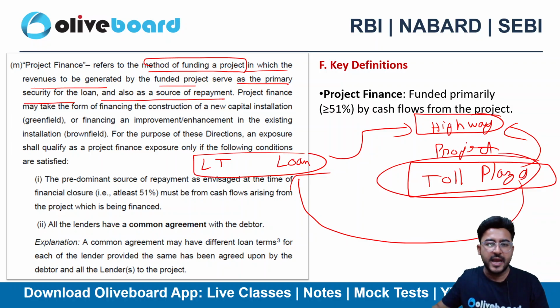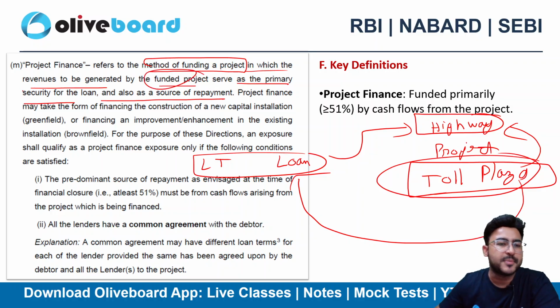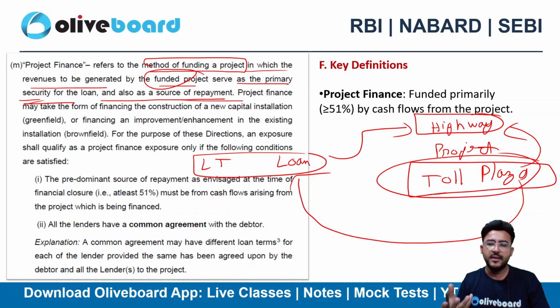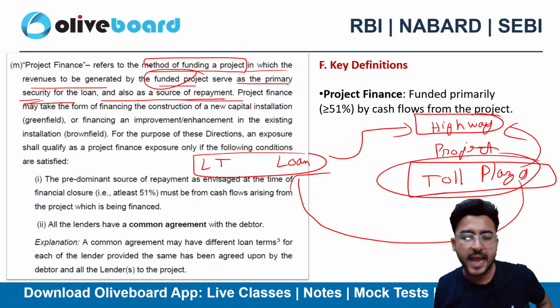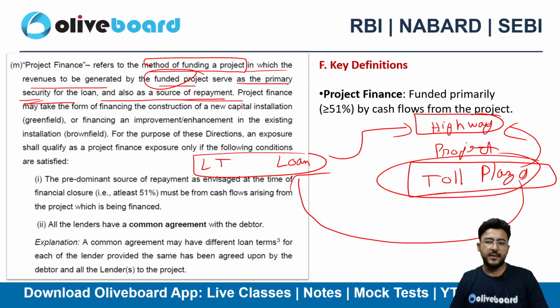So that's what they have written here. The funded project, this highway project, serves as the primary security of the loan and also the source of repayment. Whatever earning I'm able to generate from the toll plaza, I'll be using that for repaying the principal as well as interest of the loan, right? So that's nothing but project finance.